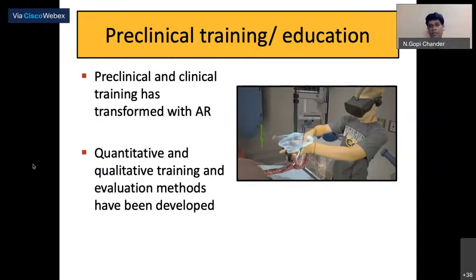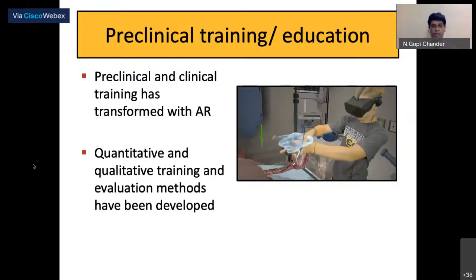It gives you simulated models, helps you make your cavity preparations, makes you understand where the canals are, the depth of the dentine, the thickness of the enamel that is present, and helps design your restorations and how successful they are going to be in terms of your evaluation procedures. All that is going to be combined with your preclinical training models.